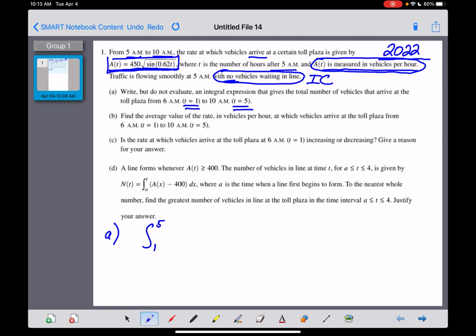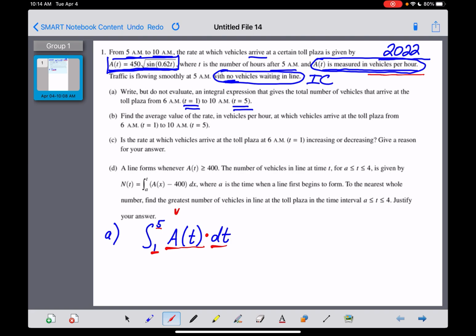And since that A of t function is already written for you on your paper here, there's absolutely no point in writing it out again. We'll just call it what it is, A of t, and then we're taking that integral with respect to t. And let's think for just a second, guys. Our integrand, A of t, is measured in vehicles per hour. We're then multiplying that by dt from 1 to 5 hours.